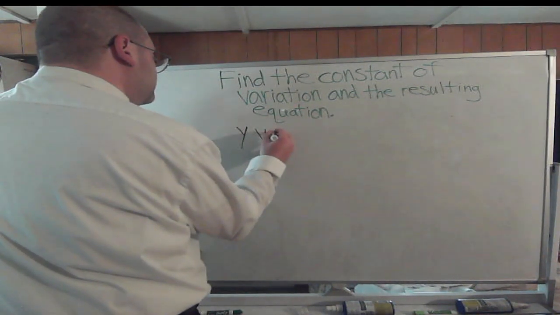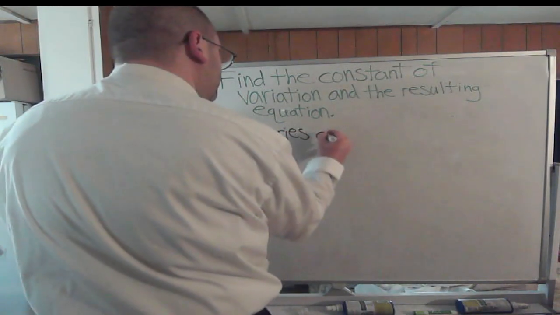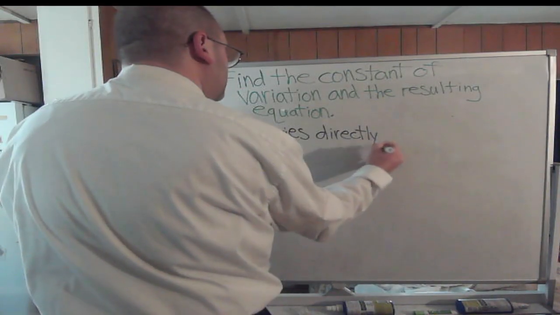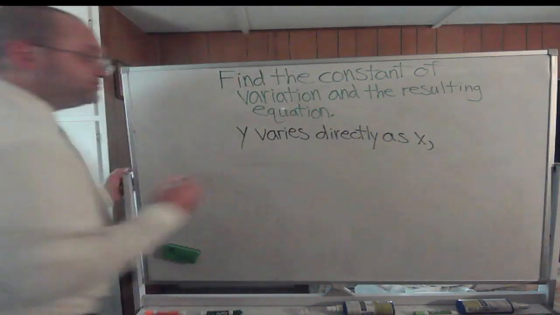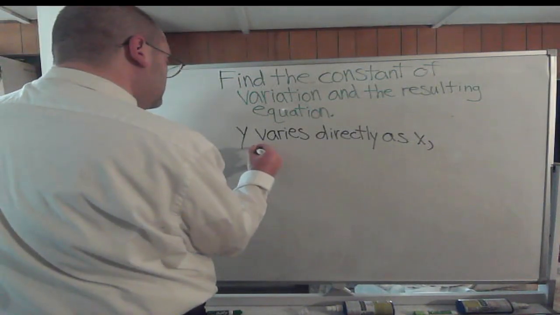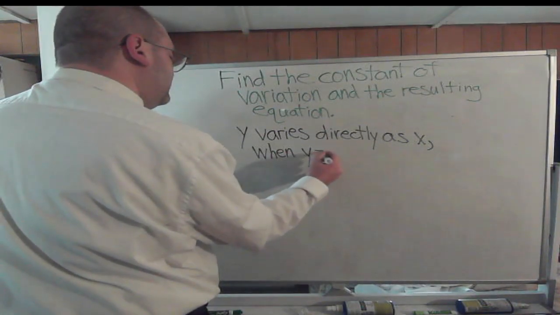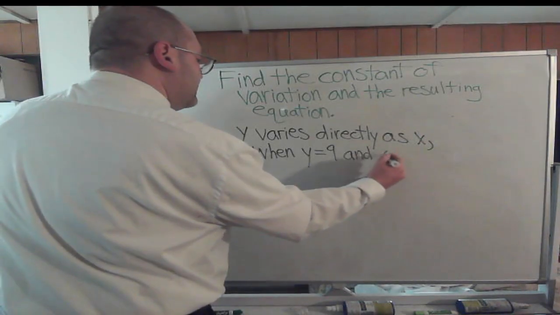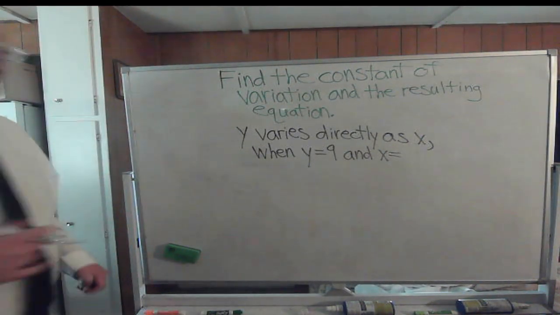Y varies directly as x when y equals 9 and x equals 54.